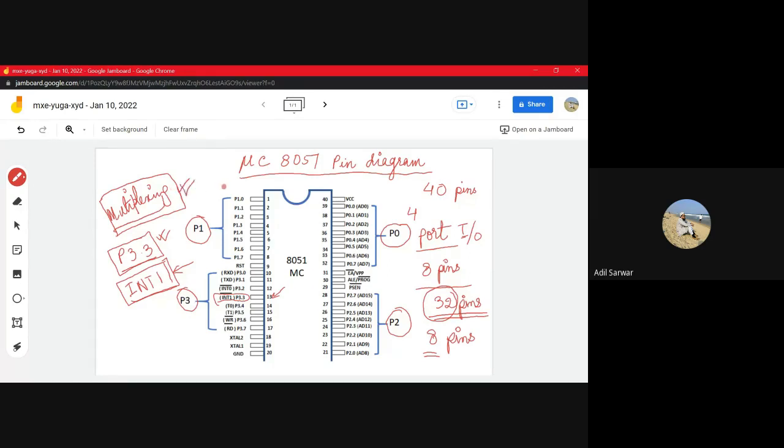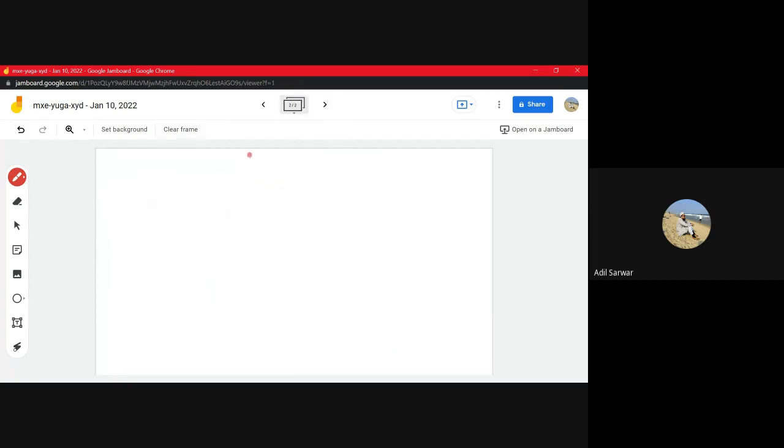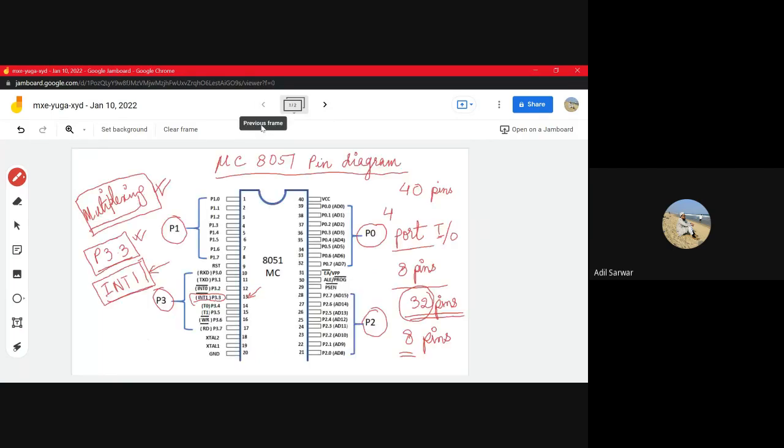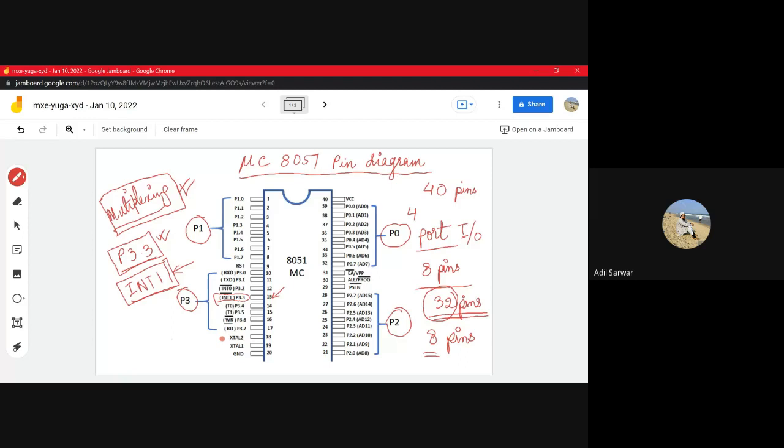Now let us turn our attention to some of the other pins and some of the multiplexed pins also, and we will discuss each one of them one by one. Let's start with these 2 pins, pin number 18 and 19, XTAL1 and XTAL2.